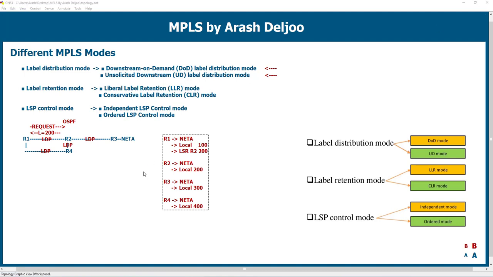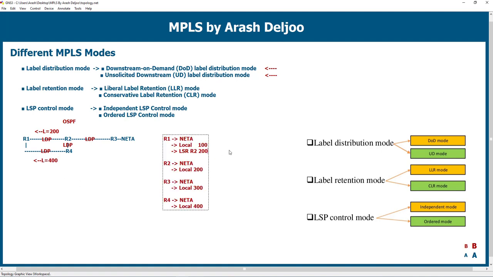This means that without the need for solicitation, all of our peers send their local labels to us. For example, in the second method, Unsolicited Downstream, R2 sends to R1 its local label for net A, that is 200. And also R4 sends its label to R1, that is 400.